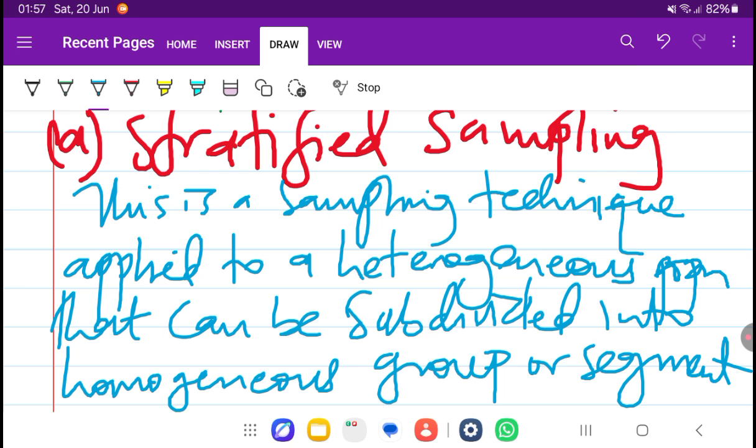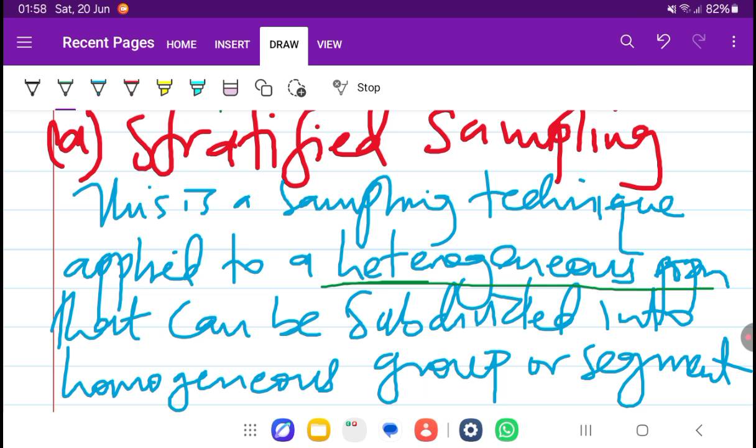But now, what you need to understand is that it applies to a heterogeneous population. Heterogeneous means that it is the type of population that has people with different attributes or different characteristics. It could be items, but they are not the same. They are different. They have different characteristics or different features.